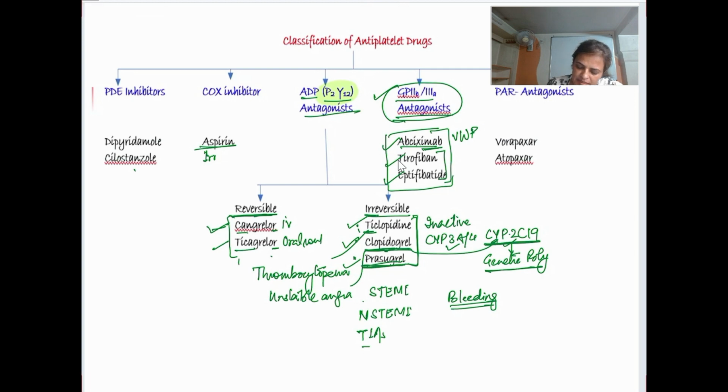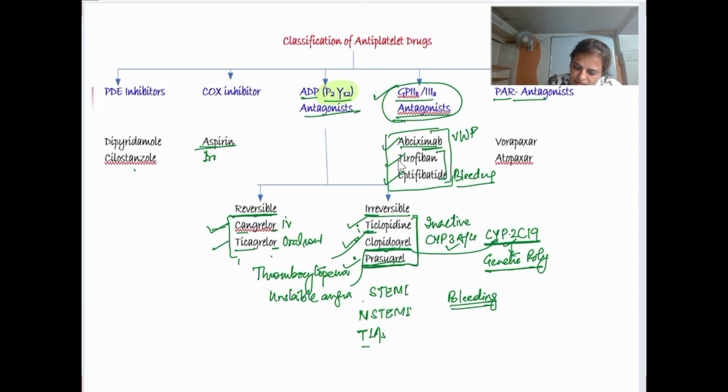So what is the main side effect with this group of drug? This also causes bleeding. Now next is protease activated receptor antagonist, PAR. So these are the receptors for the thrombin.